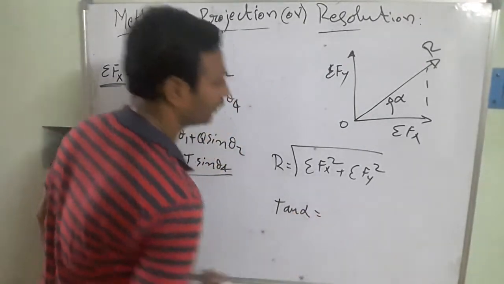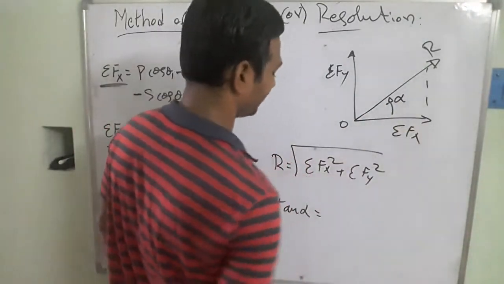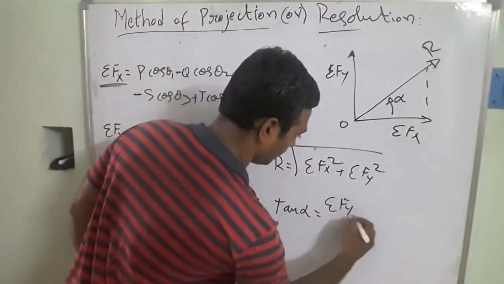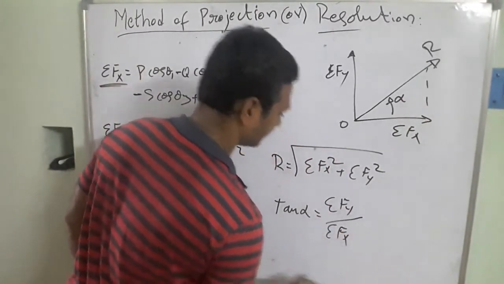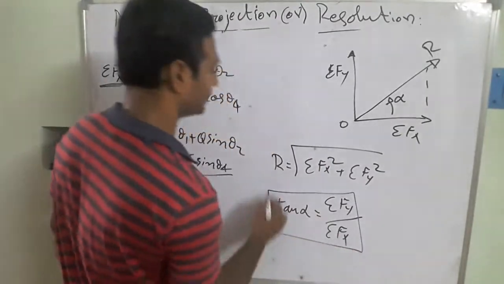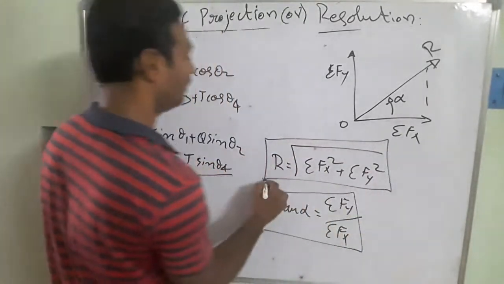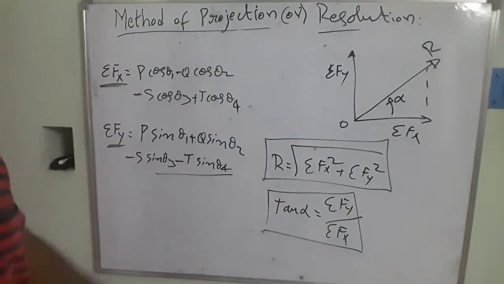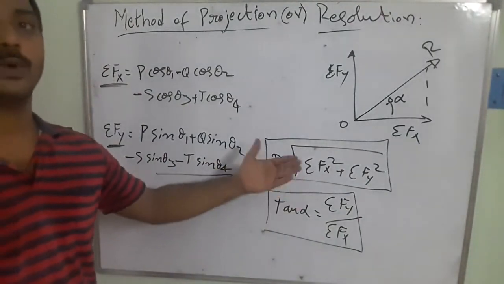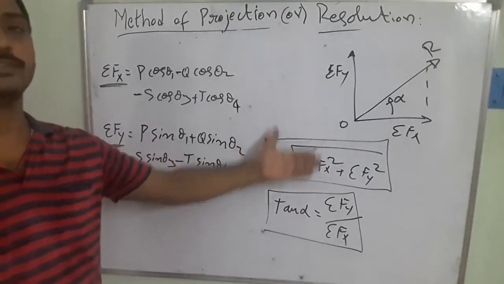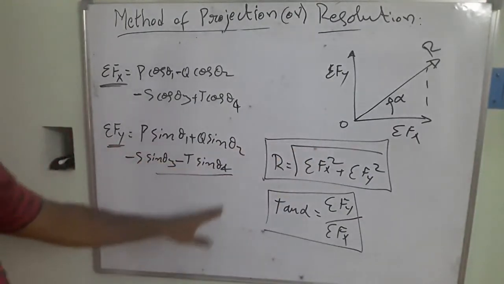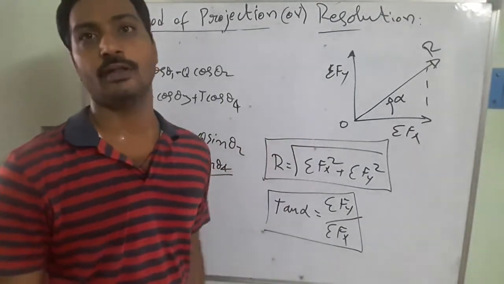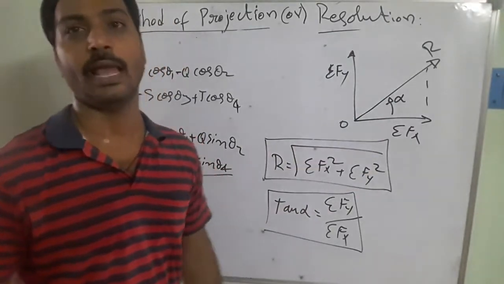Tan alpha is equal to opposite side by adjacent side, that is sigma f of y by sigma f of x. This way we calculate the resultant component and the inclination with the horizontal. In the coming sessions we will see the problems based on these concepts. This comes under concurrent forces on the same plane.